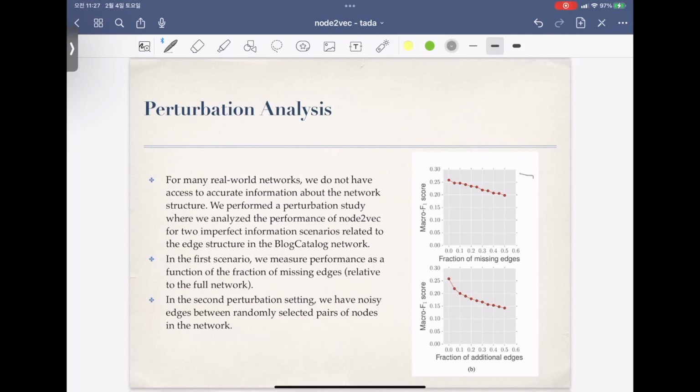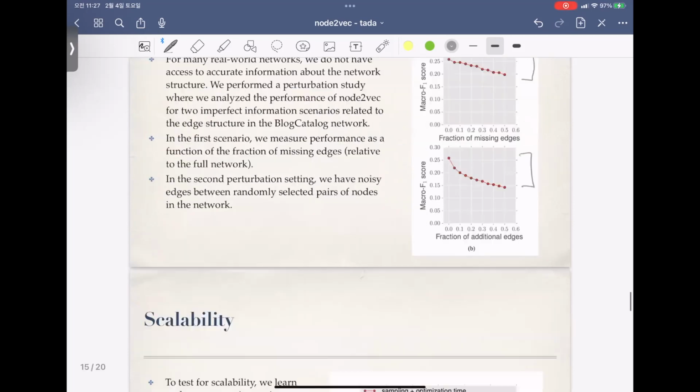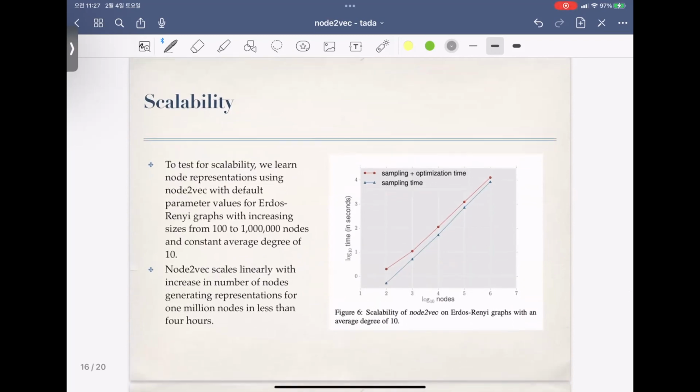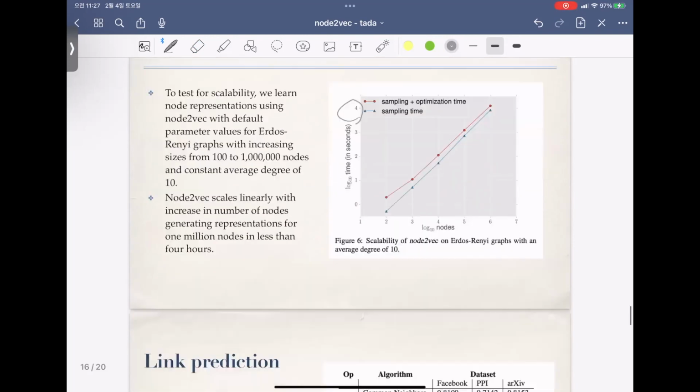And for both of them, according to the authors, the F1 score did not drop too much compared to the state-of-the-art models. And scalability-wise, they have started from 100 samples to 1,000,000 nodes. And even with a million nodes, the model has performed in less than 4 hours. Scalability-wise, Node2vec performs the best compared to the state-of-the-art models.